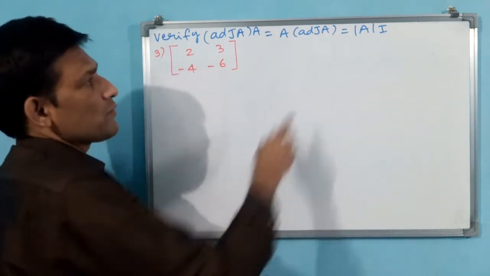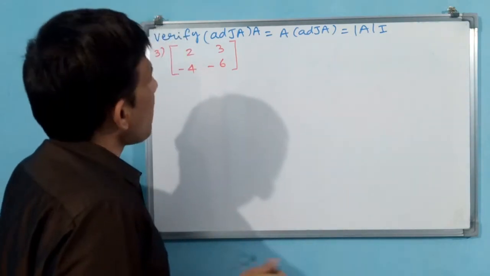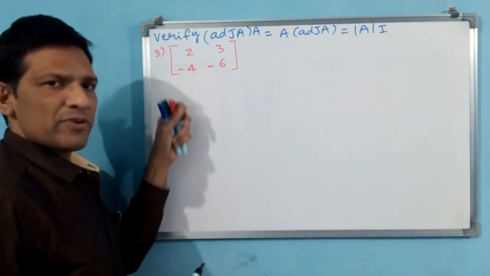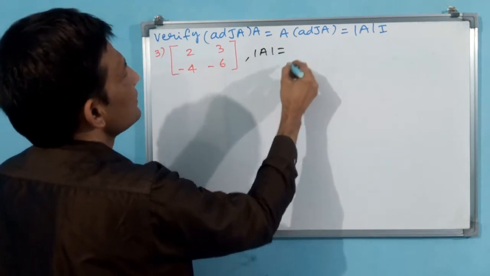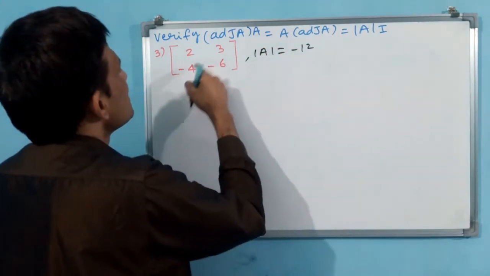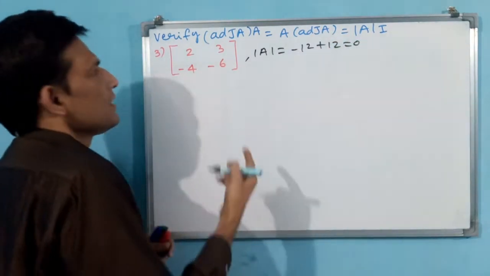Okay. What are we doing first? Determinant A. Let us find determinant A. See, finding the determinant for 2 by 2 is very easy. AD minus BC. You see, determinant A is equal to minus 12 minus of minus 12 plus 12, that is equal to 0. See, 0 has come.